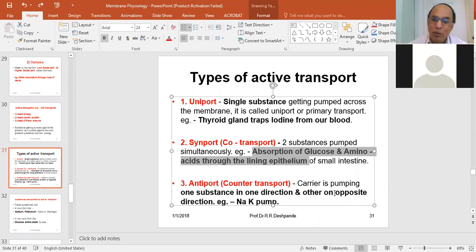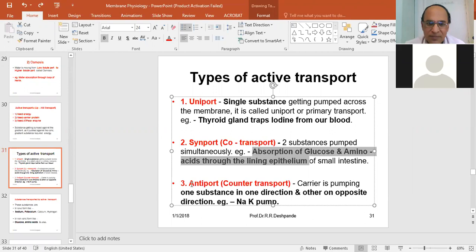I have already talked to you about primary digestion. Duodenum, jejunum, ileum, there are villi, folds of the mucous membrane, there are blood vessels, and proteins are converted to amino acids, carbohydrates are converted to glucose. So these amino acids and glucose both are absorbed in the villi. That is called symport transport, because two substances are pumped at the same time.